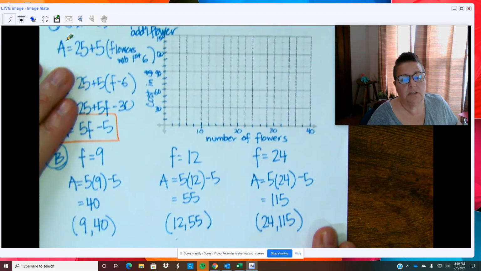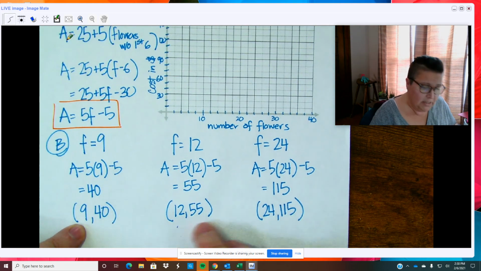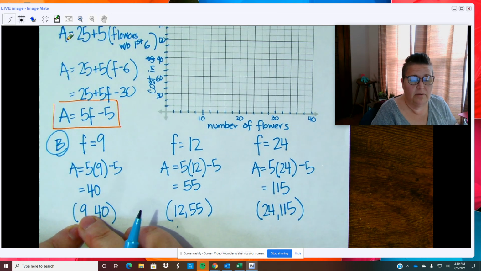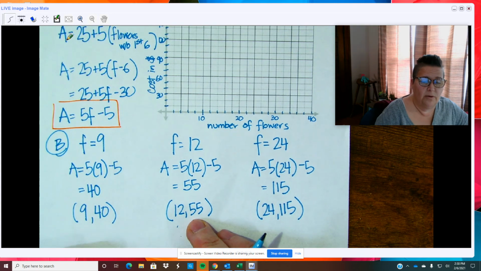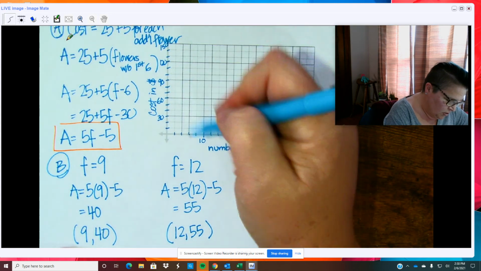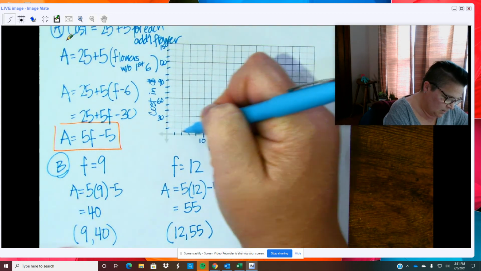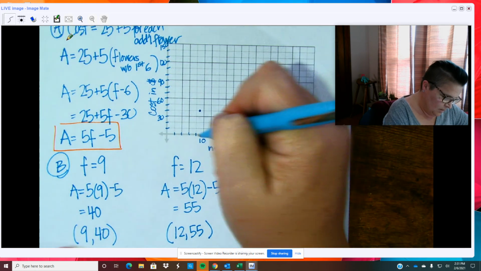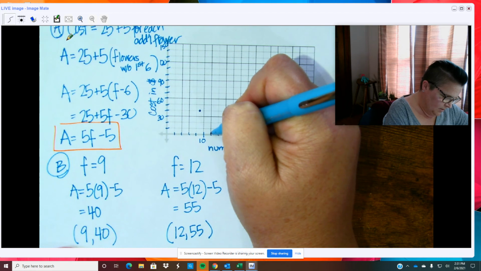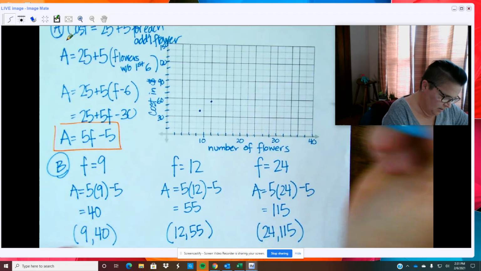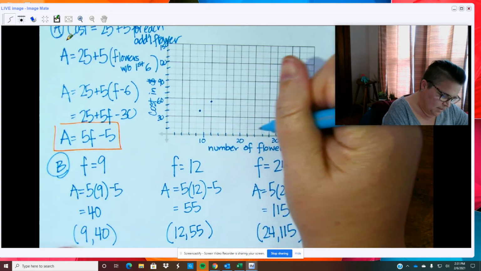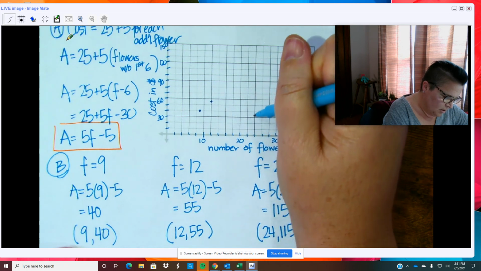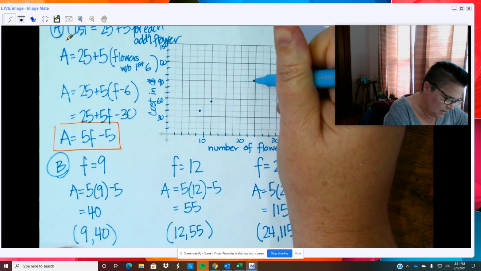Okay. So now I can use these relationships that 9 flowers cost 40, 12 flowers cost 55 to plot my points. So 9 flowers cost $40. 12 flowers cost $55. And 24 flowers should cost $115.